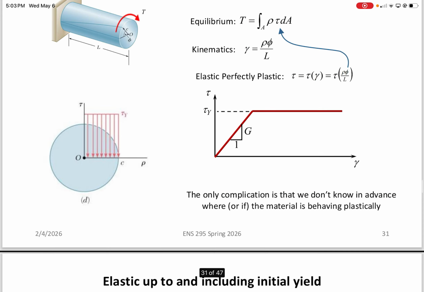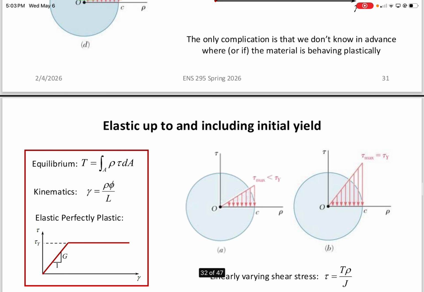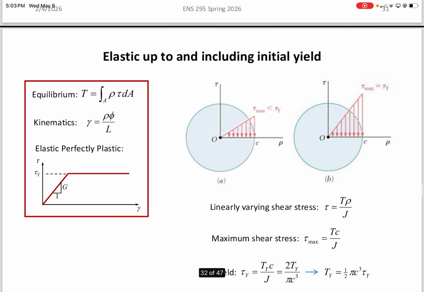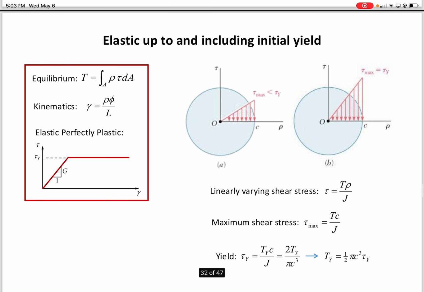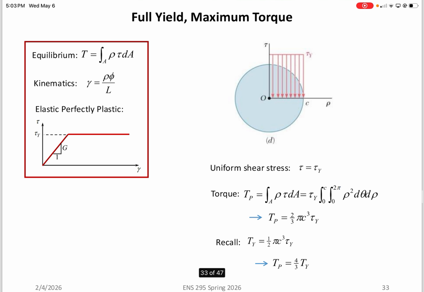And then afterwards, we went into plastic deformations and plastic analyses for torsional rods, where the total torque that is felt within a rod is entirely dependent on the stress distribution within the rod itself.